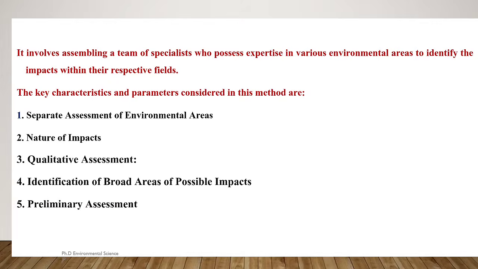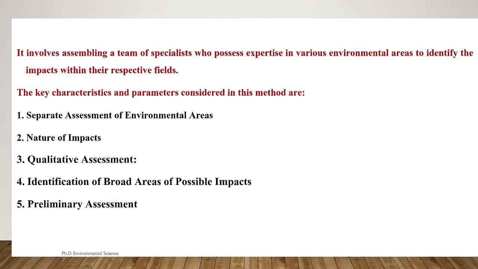The primary goal of this method is to identify the broad areas where impacts are likely to occur. This includes aspects such as wildlife, natural drainage, recreation, endangered species, natural vegetation, exotic vegetation, grazing, social characteristics, groundwater, noise, air quality, water quality, and many more.